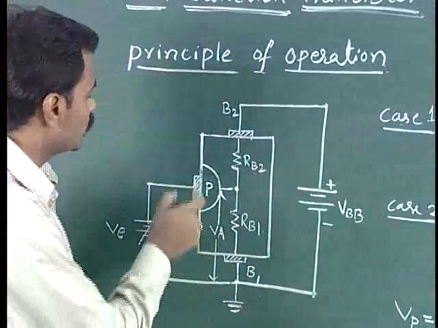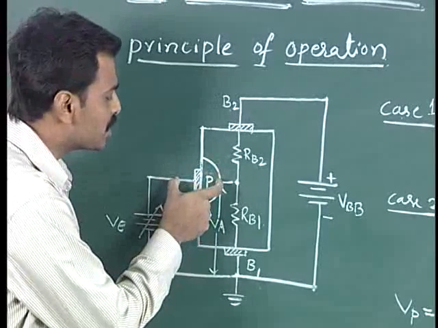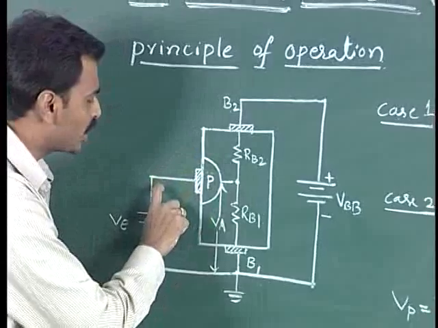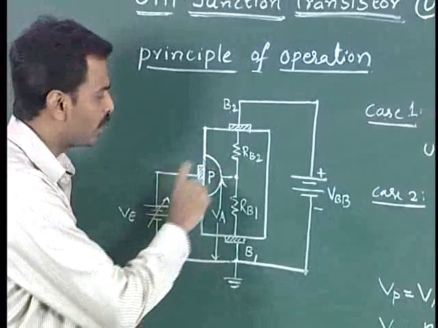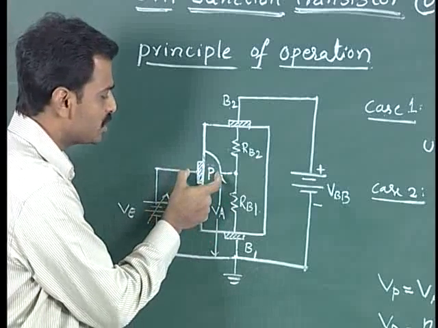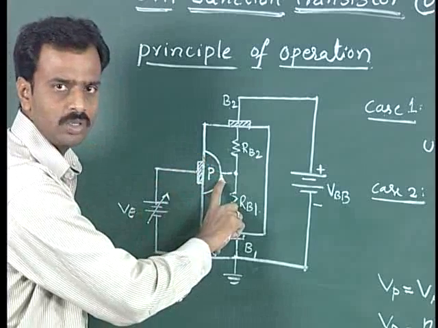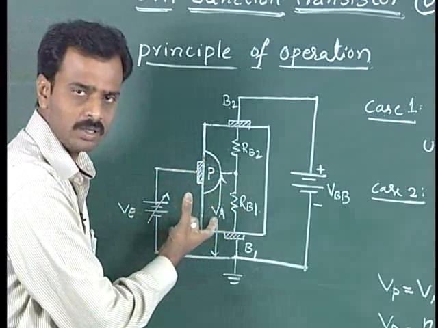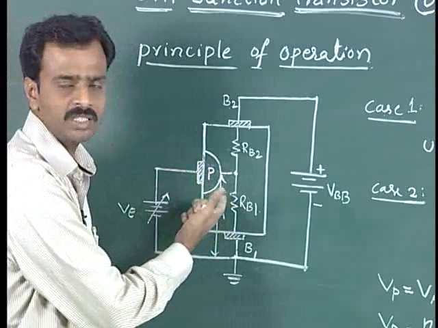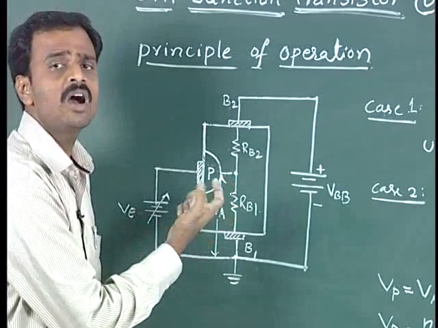Now, as I have told, it is a PN junction diode. The input voltage to this diode is VE and the output voltage is VA. If the input voltage is less than the VA voltage, obviously it is in reverse bias. When it is operating in reverse bias, the diode will not be conducting, so we can say that the UJT is in the off state.